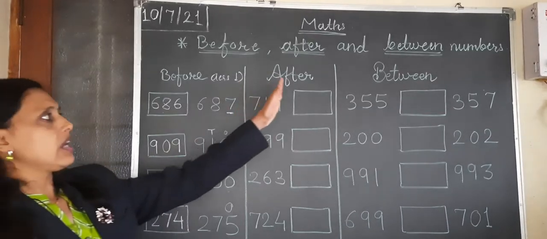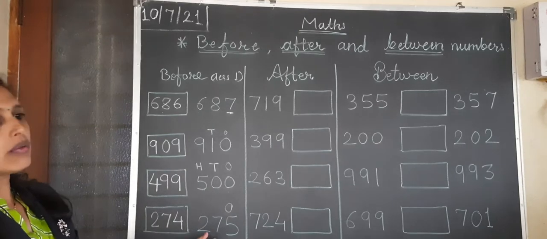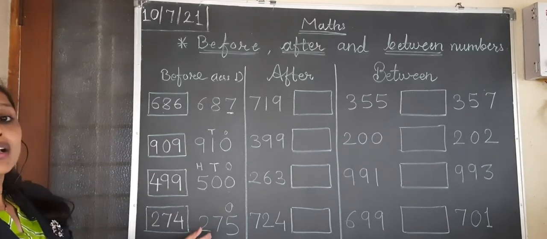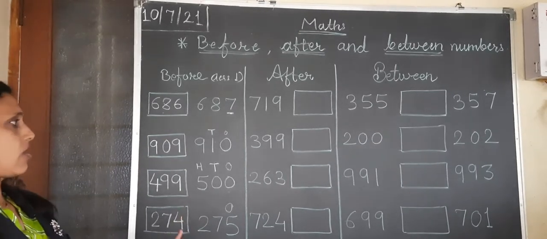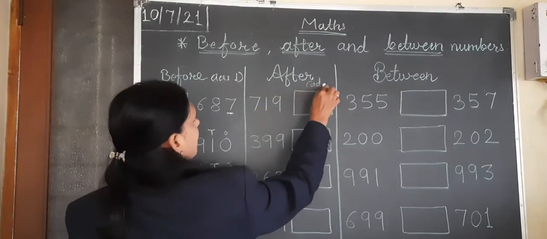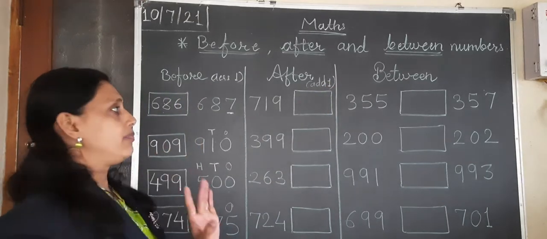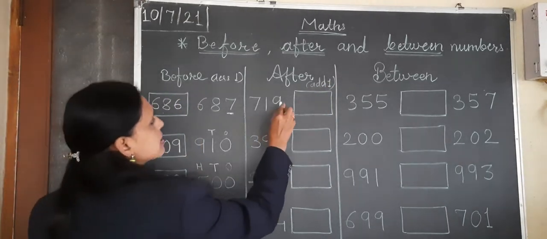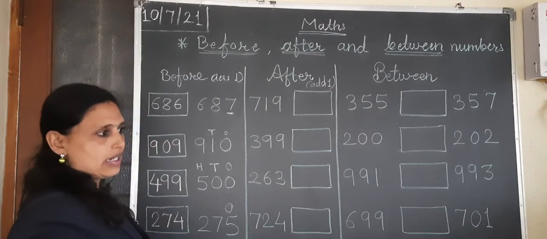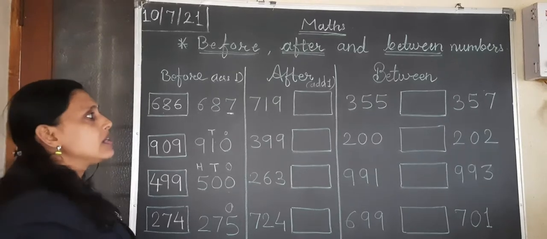Now we'll see after number. So this we made one number less from the one's column. Now here for after you have to add one number. Add 1 in the one's column. Now see, in the one's column what is there? 9. 9 plus 1 there comes 10.